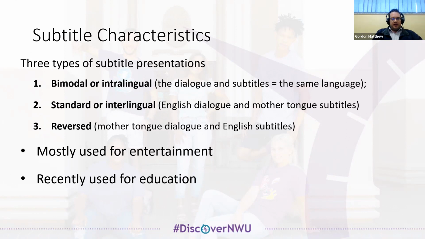Subtitles are generally used in the entertainment industry, and more often than not they are reverse subtitles. But recently, subtitles have also been used in an educational context for online learning, e-learning, and such.